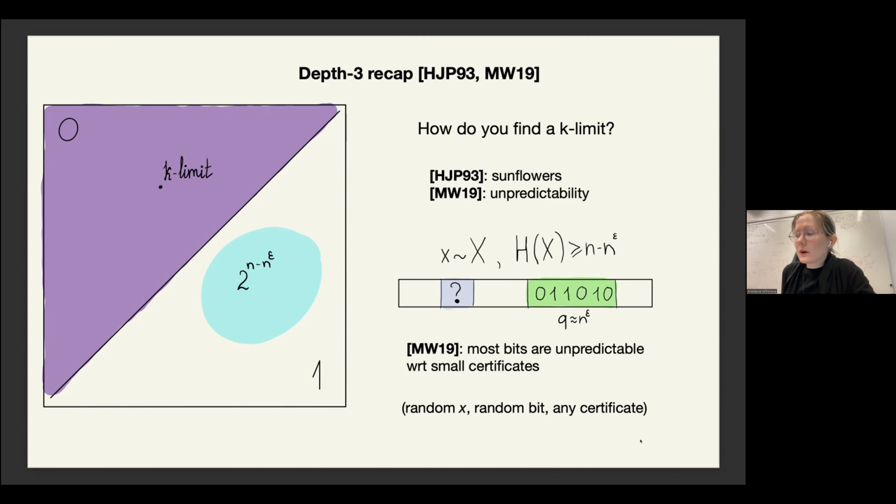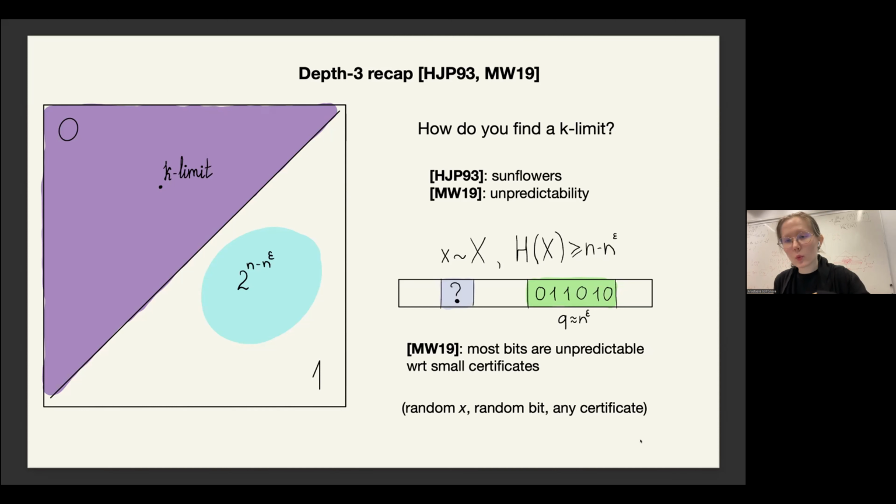But I am allowed to query anything else in the string as long as I'm not querying too many bits. So, for example, I'm querying these green ones. After that, I want to be able to predict this question mark here.